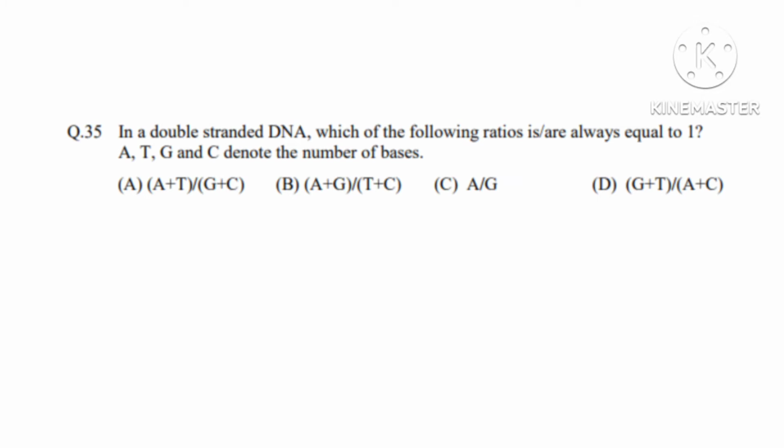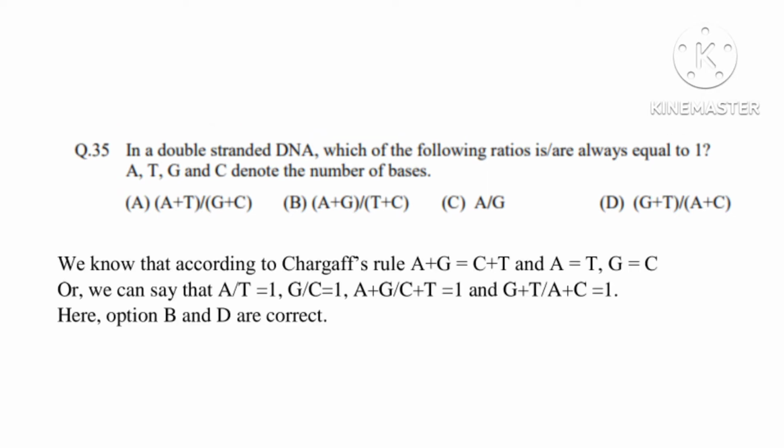In this problem, you have to calculate which of the following ratios is or are equal to 1. In double-stranded DNA, we know that according to Chargaff's rule, adenosine plus guanosine is equal to cytosine plus thymine, adenosine equals thymine, and guanosine equals cytosine.